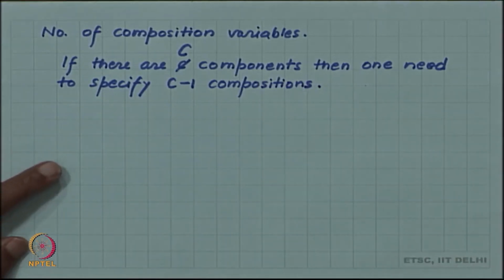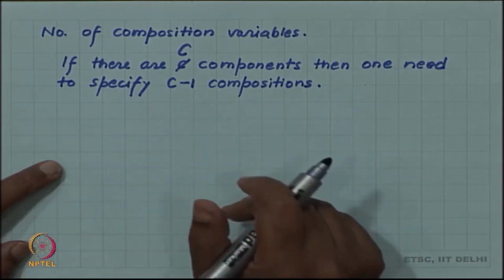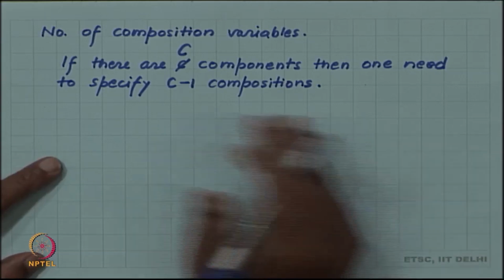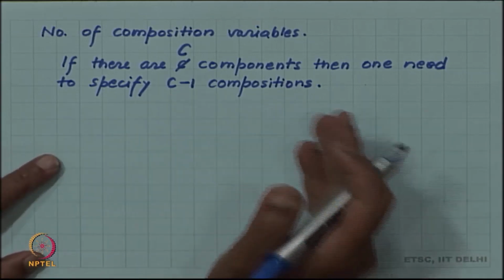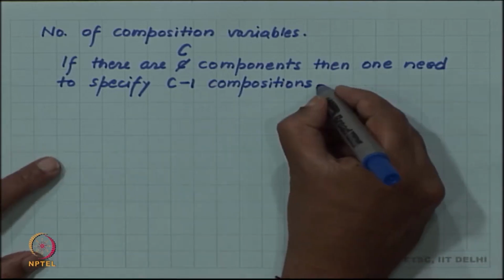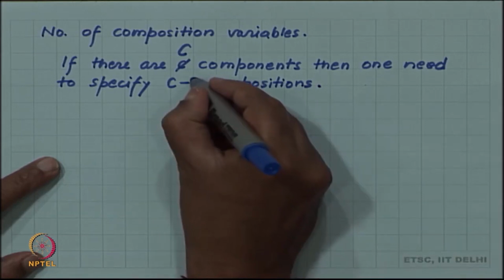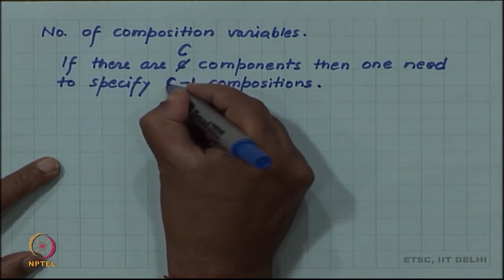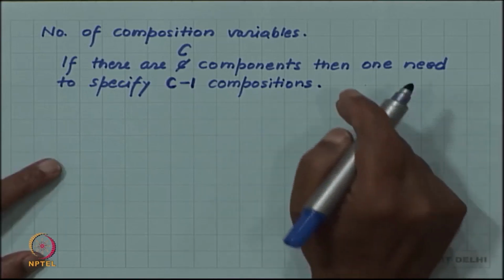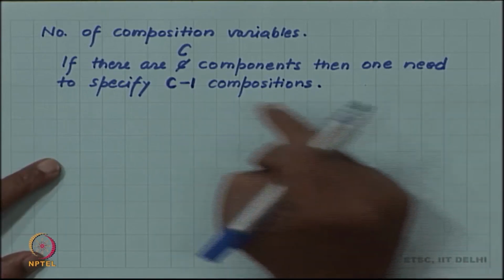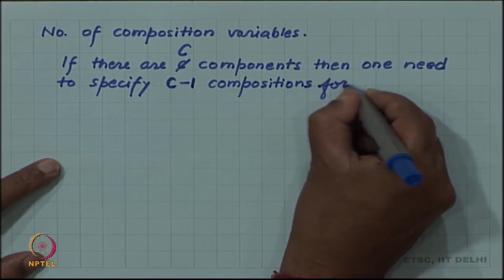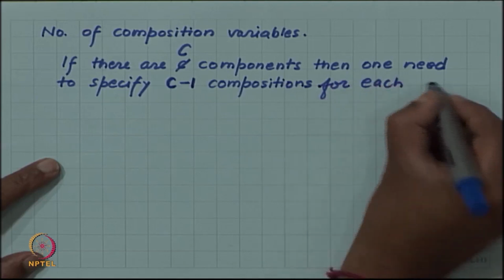So, if you give the ratio or the fraction of C minus 1 components, then the last component can always be found by 1 minus the sum of other compositions. So, you only need 1 less than the number of components, so many composition variables to be specified for each phase. So, if there are C components, then one needs to specify C minus 1 compositions for each phase.